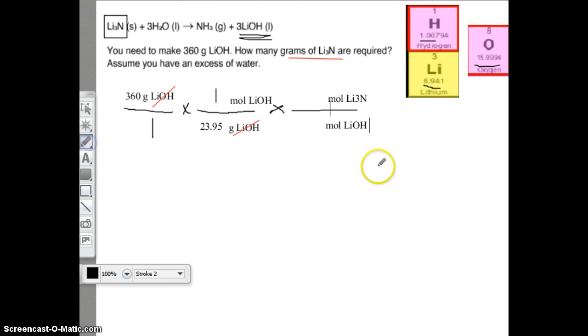All right, and now how many moles of each? All right, so now I look at my balanced equation, and we have lithium nitride and lithium hydroxide. Which number goes on the top? The 1. Which number goes on the bottom? The 3, because there's 3 lithium hydroxides produced for every 1 lithium nitride.